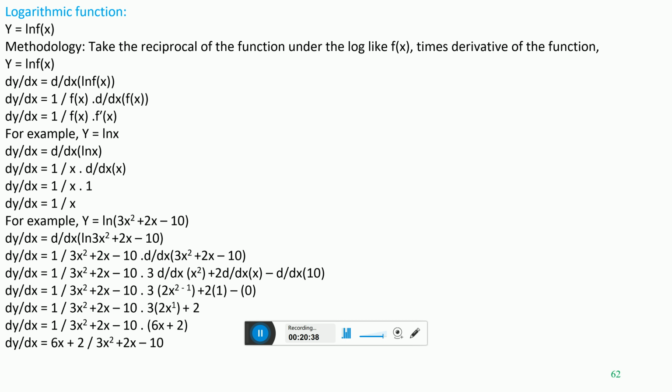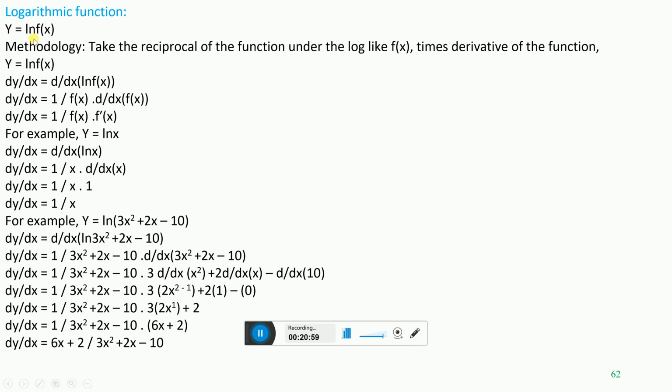So the methodology is this: we will take the reciprocal of the function under the log and times the derivative of the function. For example, y is equal to natural log f of x. This is the given function. f of x is the function under the log.